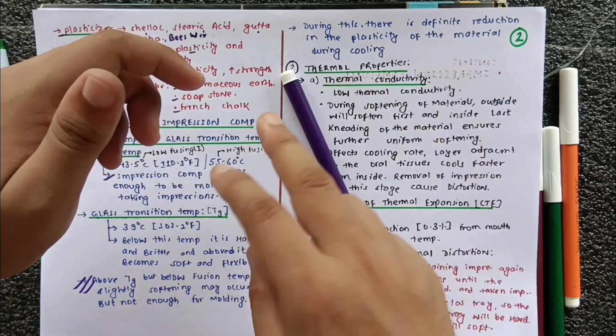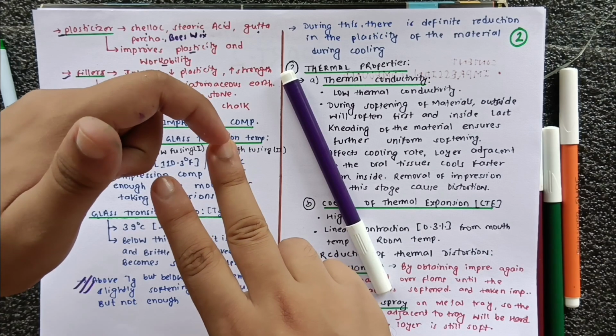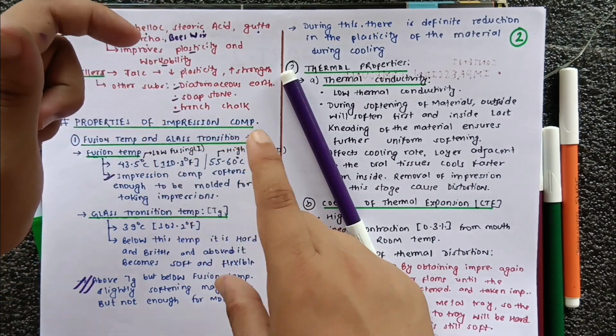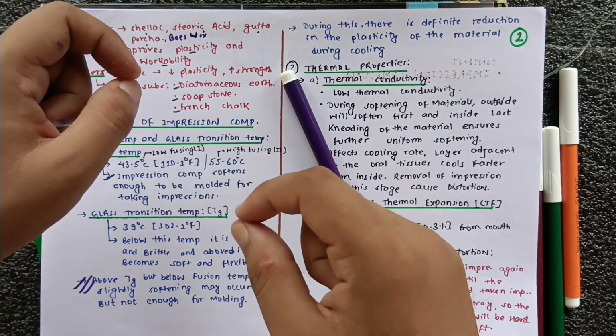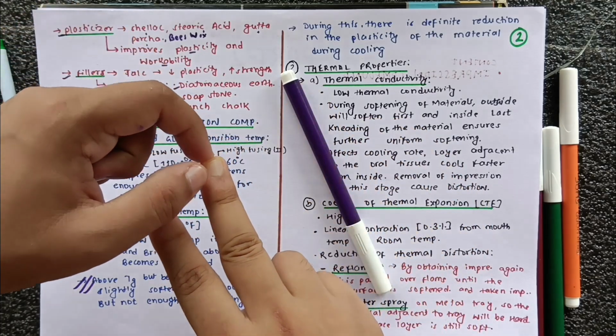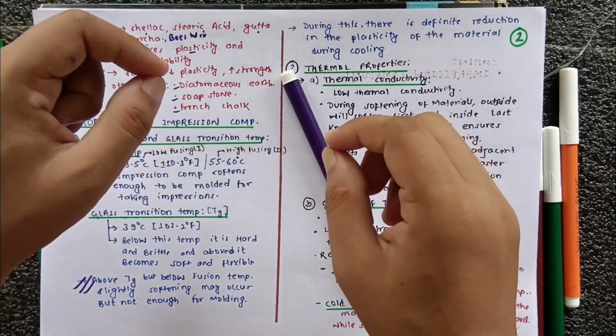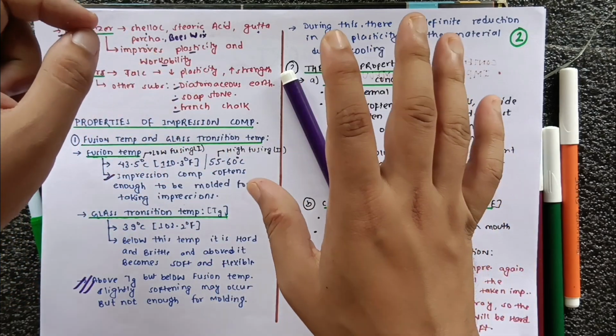When it reaches the fusion temperature, it is in a phase where it can be molded properly and easily. After molding, you can take the impression. So after this fusion temperature you can take the impression properly. That is the proper concept.